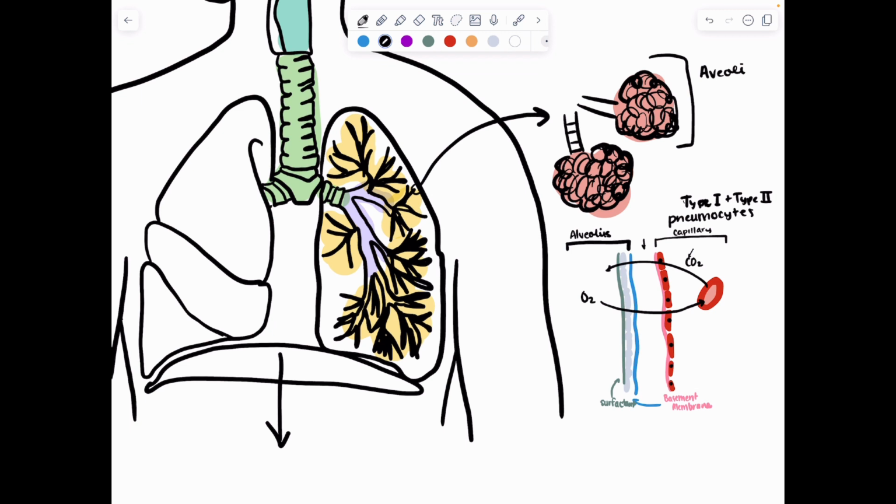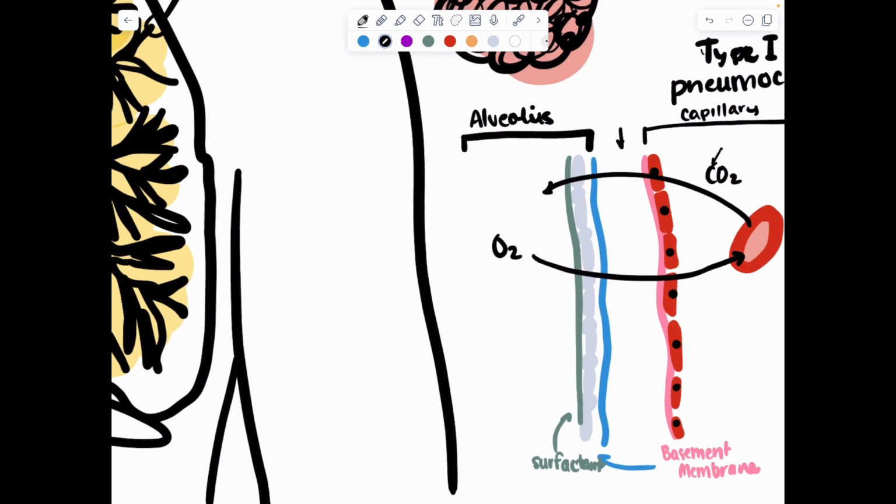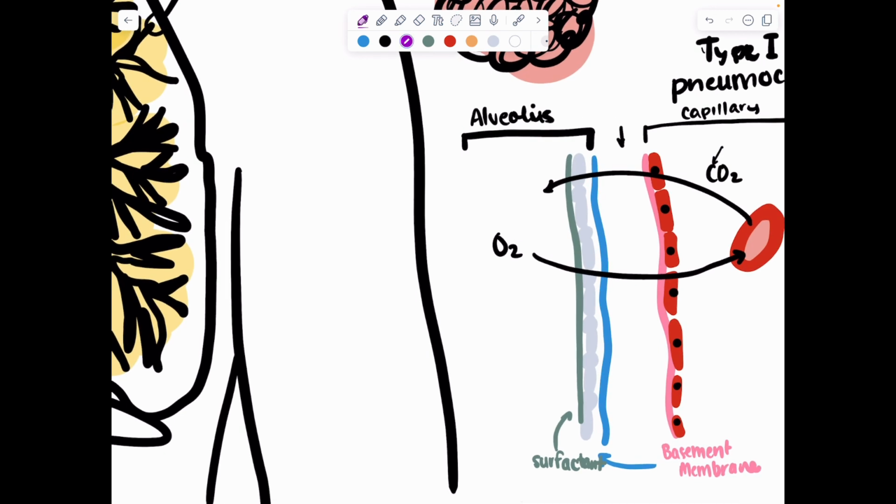Now, when we look at our pneumocytes, I told you that one of them is creating our surfactant, and the other one is just helping with lining this system. The ones that are creating surfactant are our type 2.